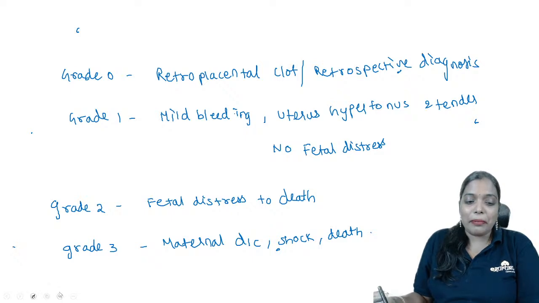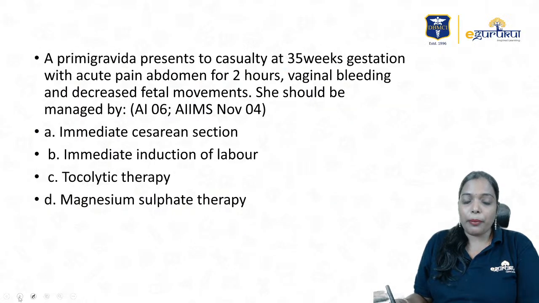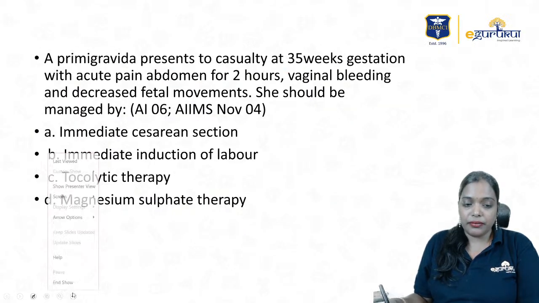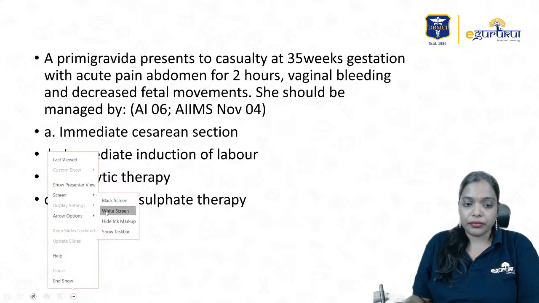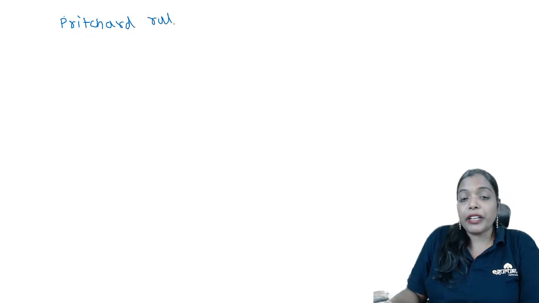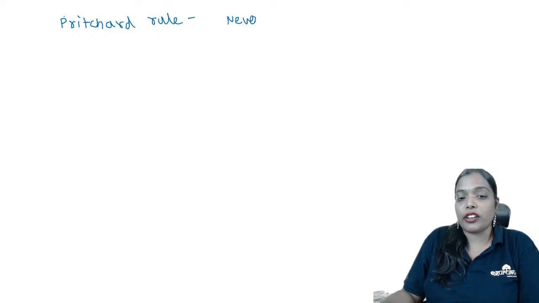Now coming to the last, management of an abruption. So how do you manage a case of abruption? There is a rule in abruption called Pritchard's rule. Please remember, in abruption, never wait and watch.